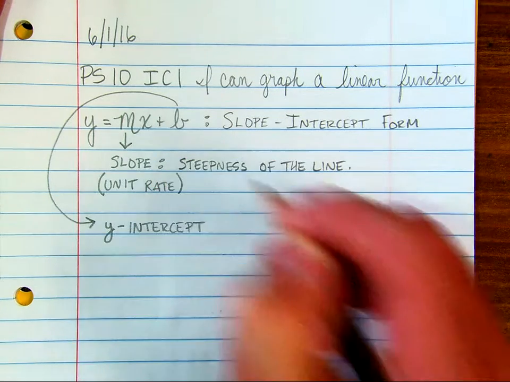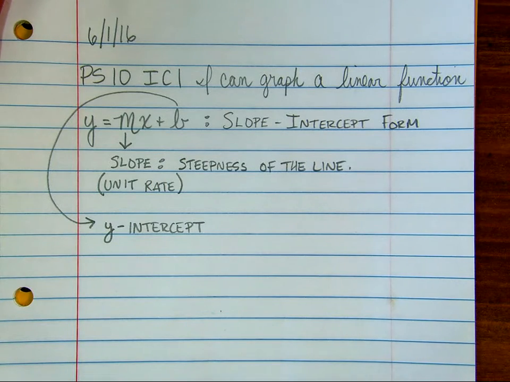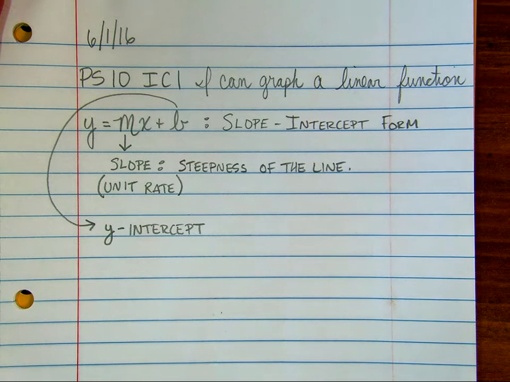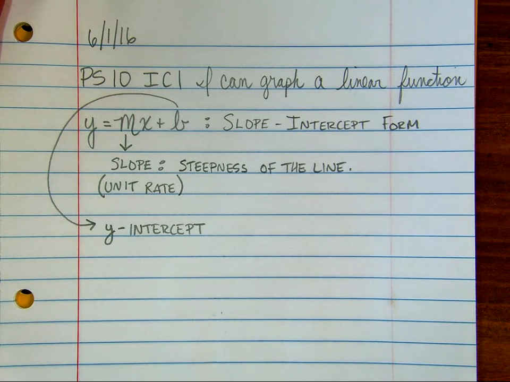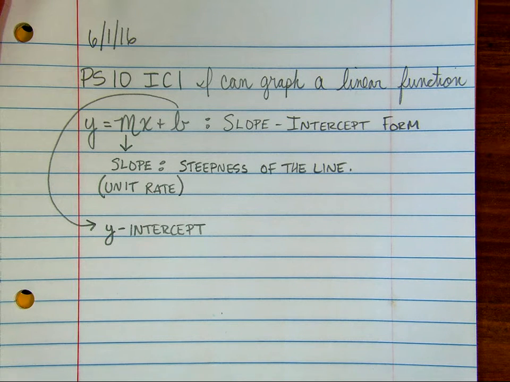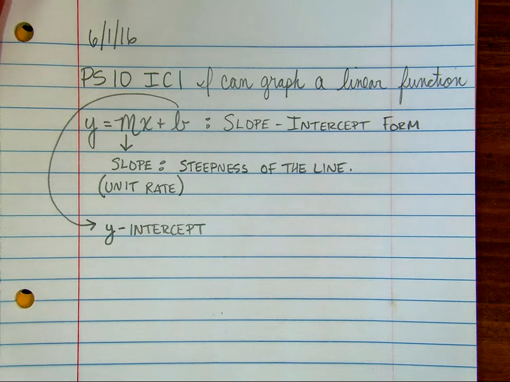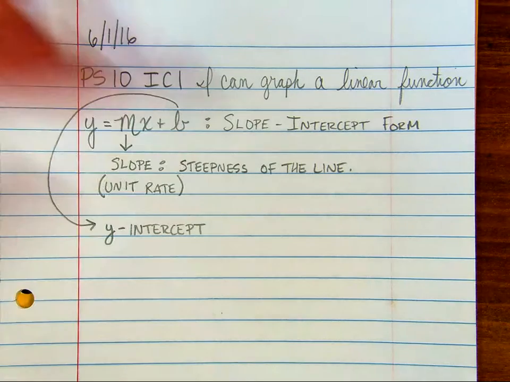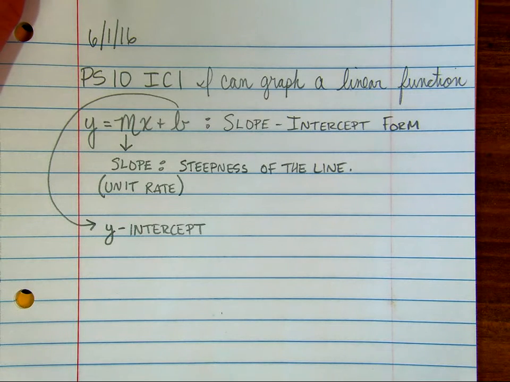Because that's technically what it is. 50 miles per hour. 6 watermelon seeds per slice. 8 gallons of water lost per cannonball. When you hear unit rate, think of slope. When you hear slope, think of unit rate. And again, it's how steep the line is. The bigger the slope, the steeper it gets.